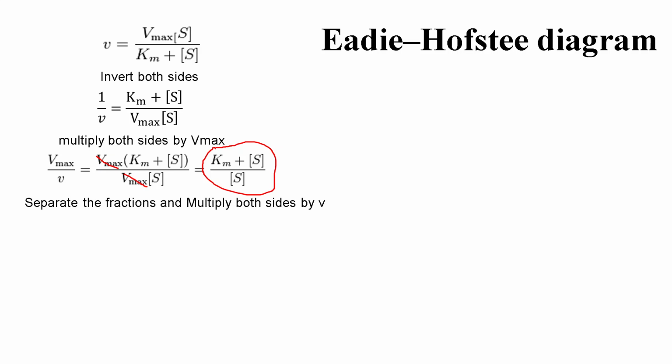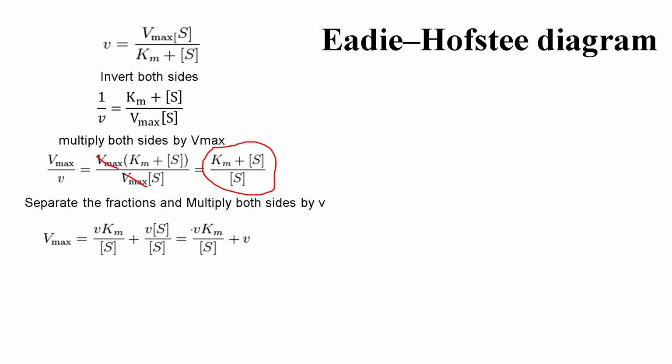Now, when you separate that equation and multiply both sides by v, you have Vmax equal to, separating the equation, v multiplied by Km over s plus v multiplied by s over s.